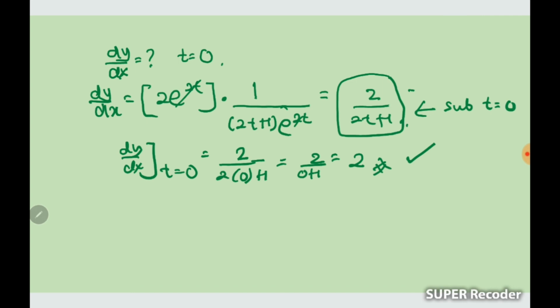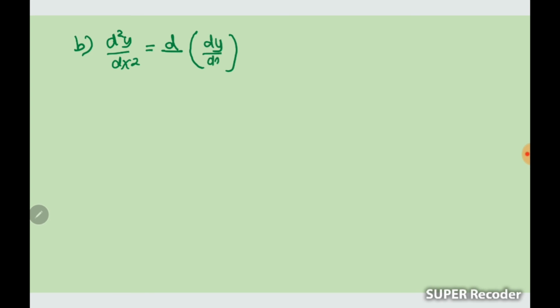Now I will continue with part B. Find d squared y over dx squared. You have to use dy/dx from our previous result.